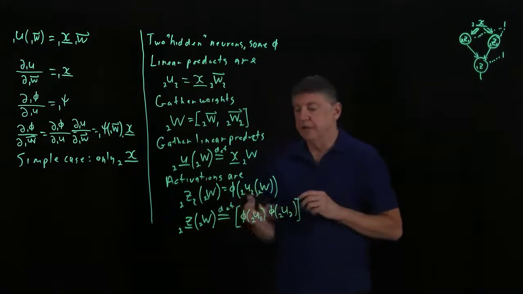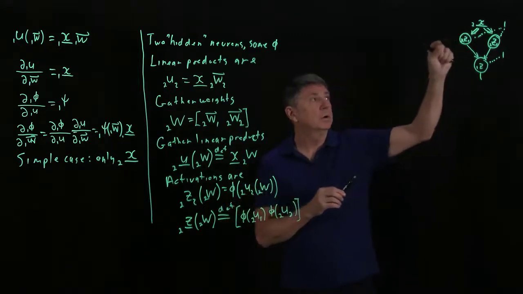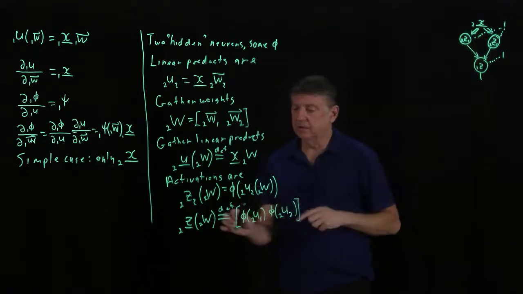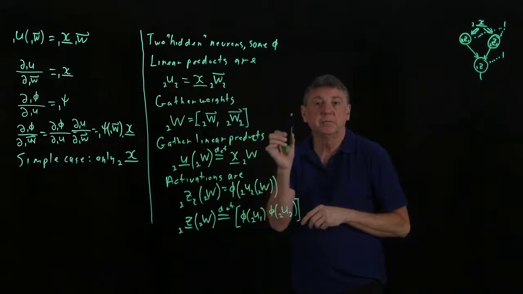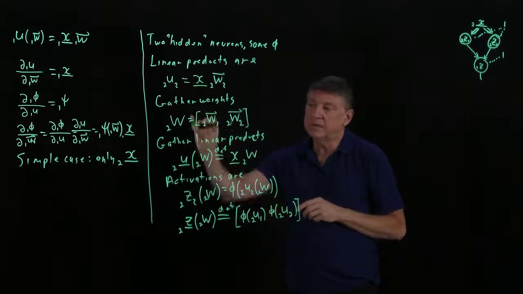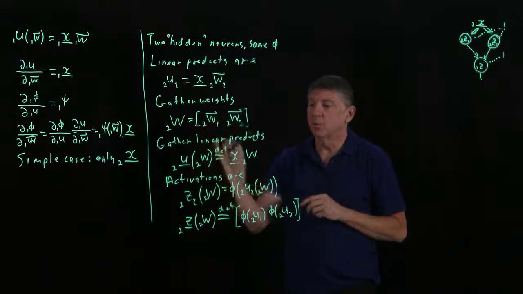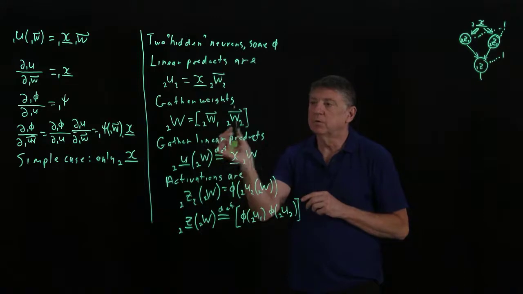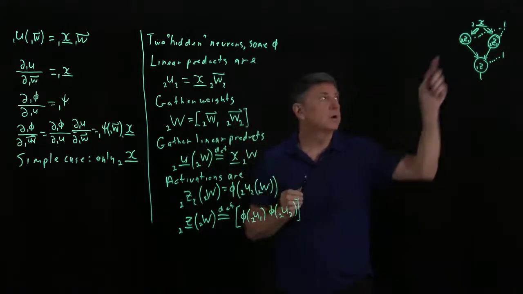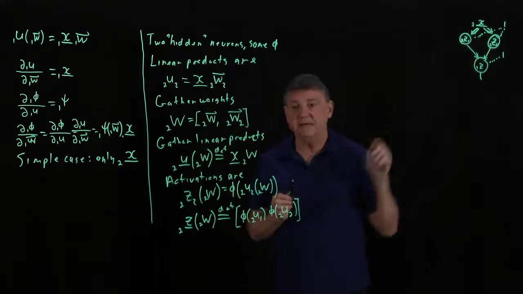And you can imagine that if we had more neurons in this hidden layer, this weight matrix would always have the same number of rows, because that's one more than the size of the data that are coming in, and then the number of columns would correspond to the number of neurons that we have in that layer.